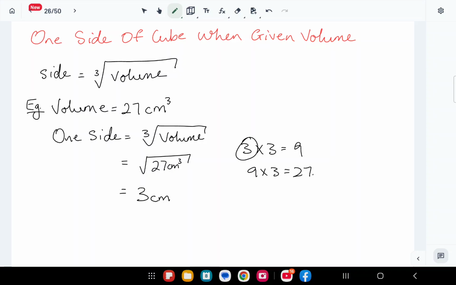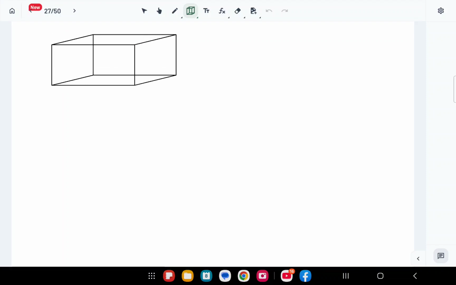Now, we are moving on to a cuboid. With a cuboid, we have the length, the width, and the height.